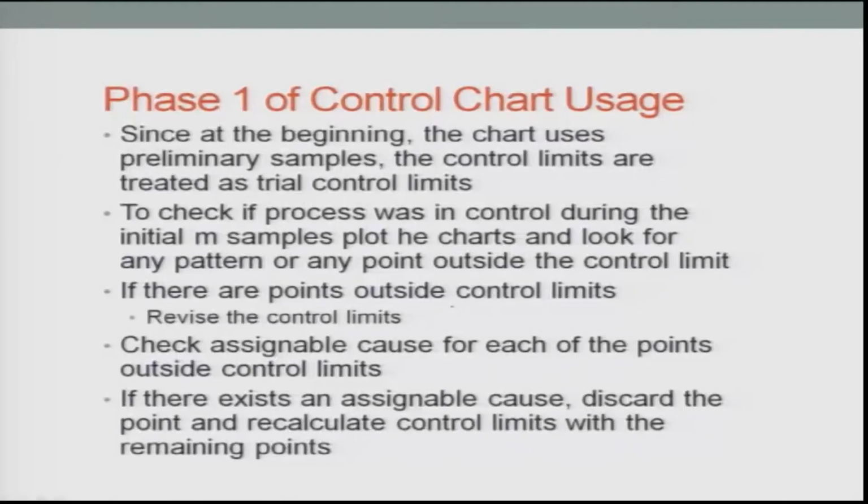Now, we will consider phase 1 of the overall process of the control charts. Since at the beginning the charts use preliminary samples, the control limits are treated as trial control limits, which will be finalized later on. To check if the process was in control during the initial m samples, plot the charts and look for any pattern or any points outside the control limits. Technically, there has to be some stabilization of the process, so you continue taking the observations and plotting them.